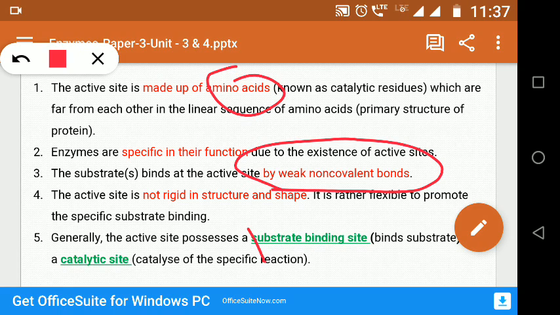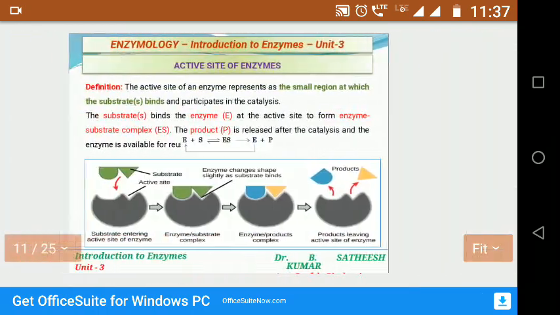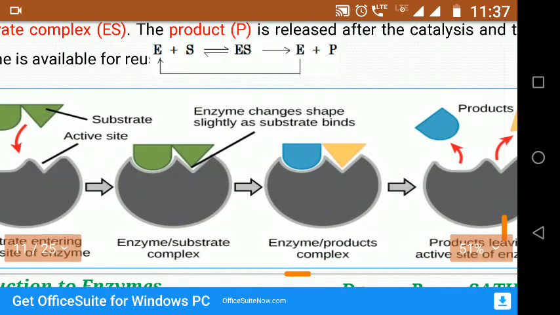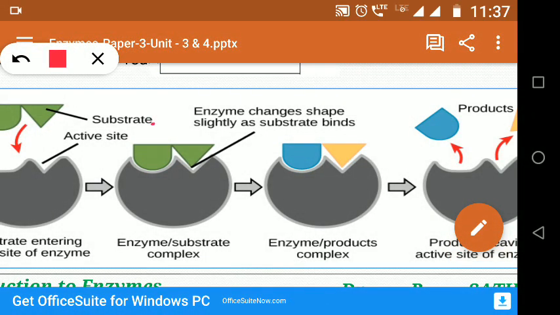The last point is that the active site of the enzyme actually contains two sites. One is the substrate binding site, where the substrate binds by non-covalent interactions, and another one is the catalytic site, which carries out the catalytic reaction. In the previous slide, this is the active site.